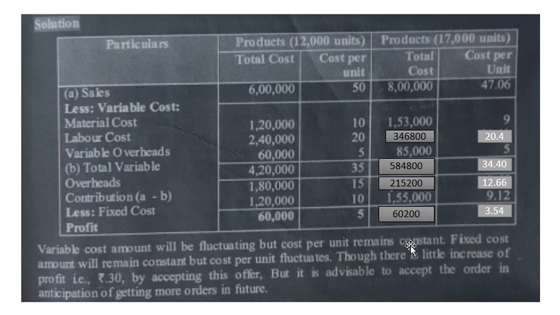The cost per unit for fixed overhead is 1,20,000 divided by 12,000 units, which gives rupees 10. When you are accepting the proposal, the fixed overhead increases by 35,000, so 1,55,000 divided by 17,000 gives you 9.12.